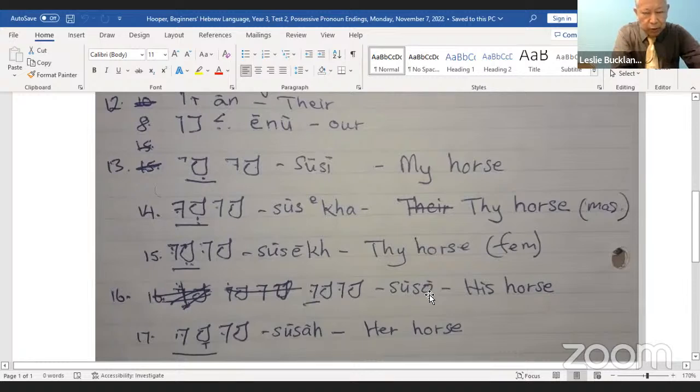She has it right though in the English, Suso, his horse. And then you have Susa, the commas hay with the mapik in the hay. She has identified the third person singular feminine possessive pronoun ending, which is AH. And she has translated the whole word Susa, her horse.